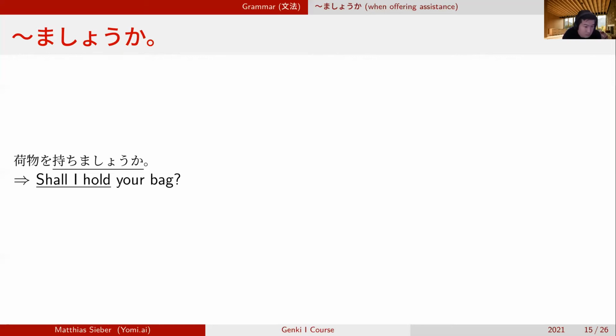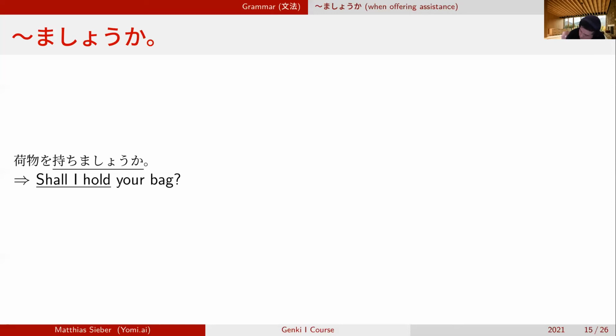So let's actually look. If I remember correctly, yes. So I'm just gonna open page 153 real quick. This is the grammar point 7, because Genki actually did a decent job here, I guess. So it says in lesson 5 we learned mashouka, meaning let's do something.